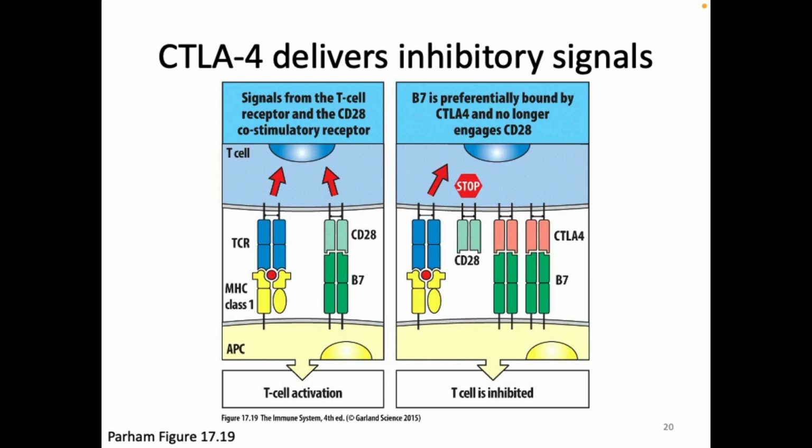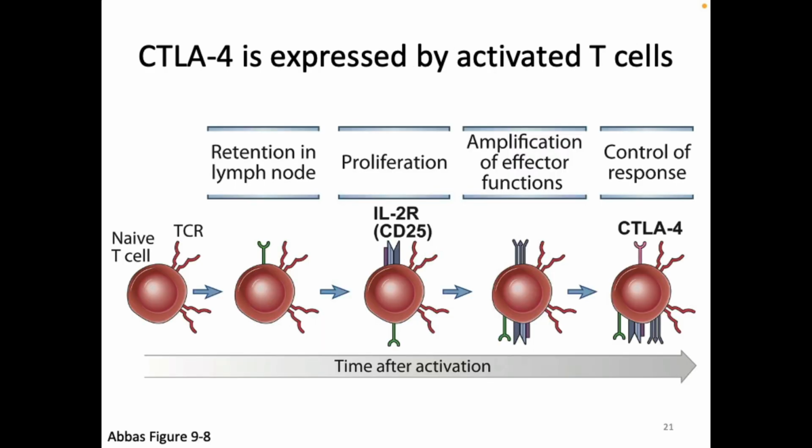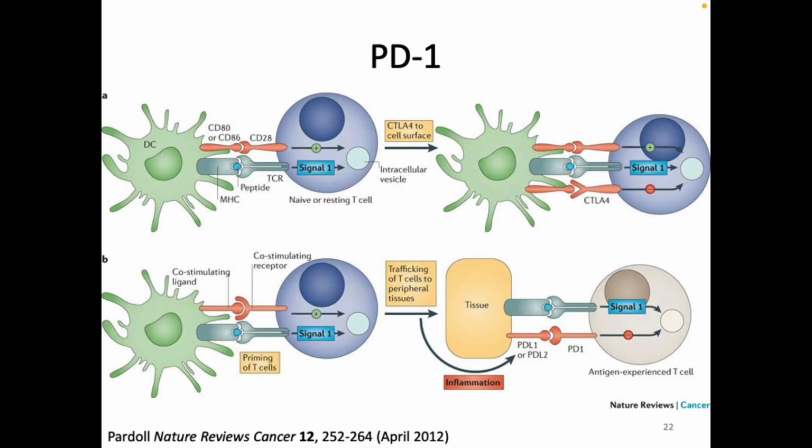Okay. And so here you can see the expression of CTLA-4 by activated T cells. As I mentioned, I did want to say some brief stuff about PD-1. If you look at the top here, you can see we've got a naive T cell. So let's say a T cell that's never been turned on before, or in Brooke's case, her question she just asked, a resting T cell, so one that got turned off before.